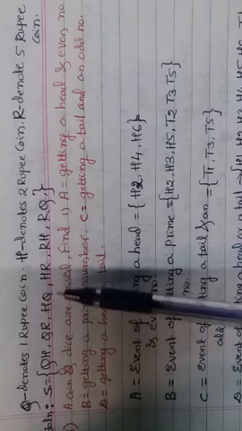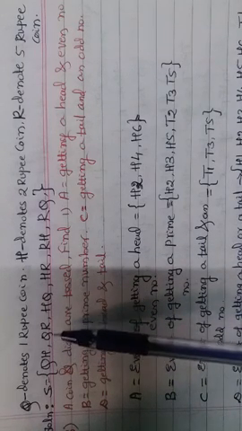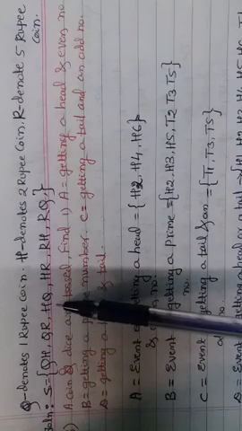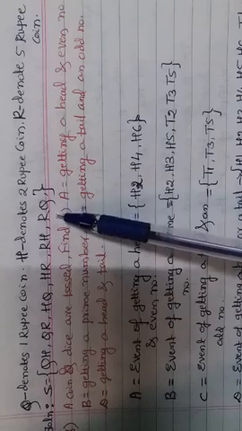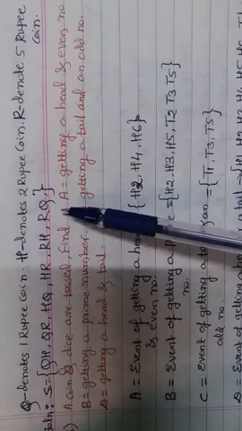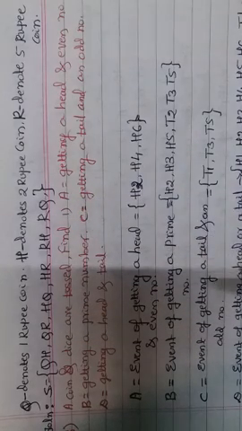In this manner, QH, QR, HQ, HR, RH, RQ, these are the outcomes according to the boy who picked 2 coins out of his pocket, one after the other.